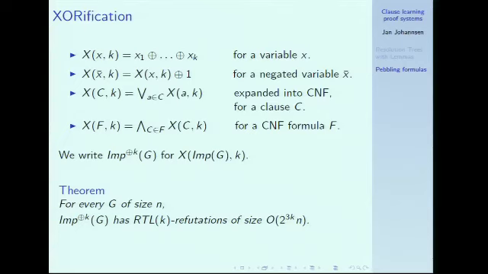It's exponential in k because already the formula itself is of size exponential in k. So this is the upper bound that we need, and now I'm going to show you the lower bound.